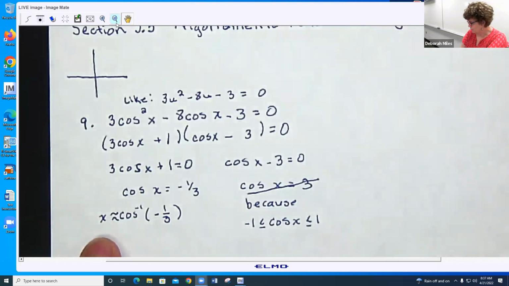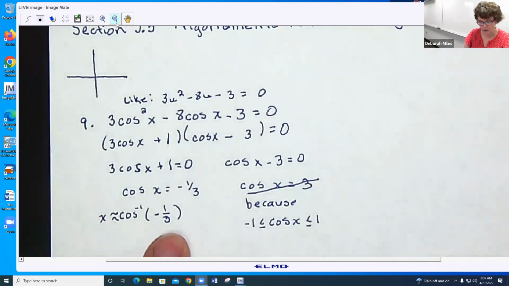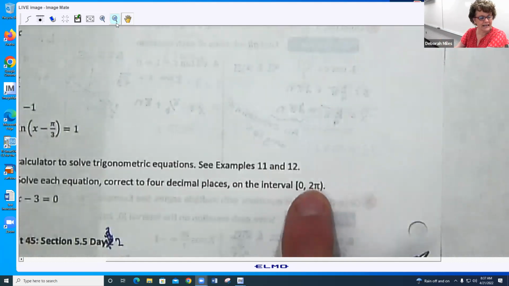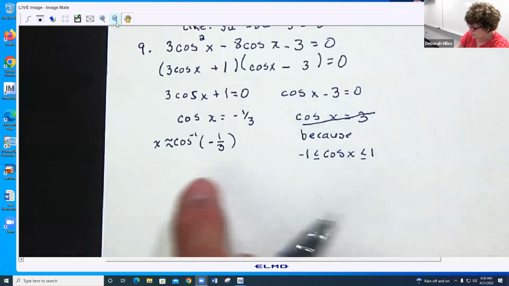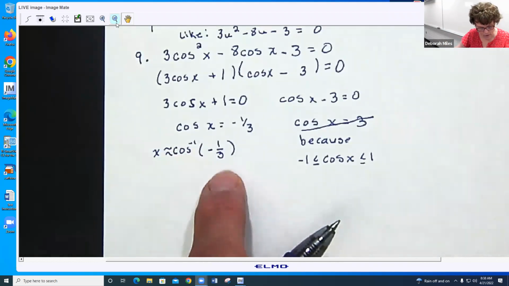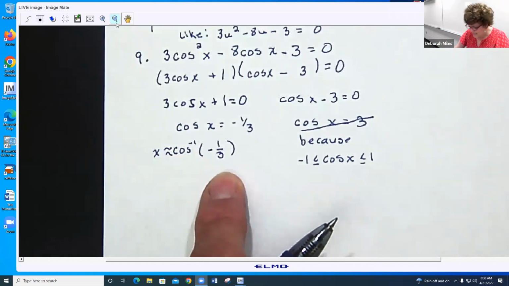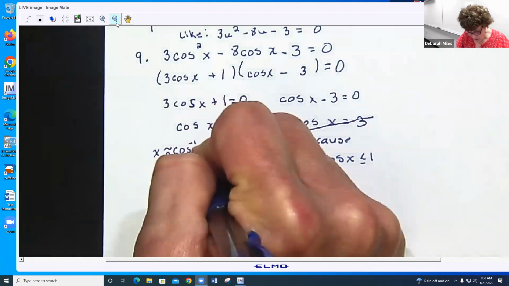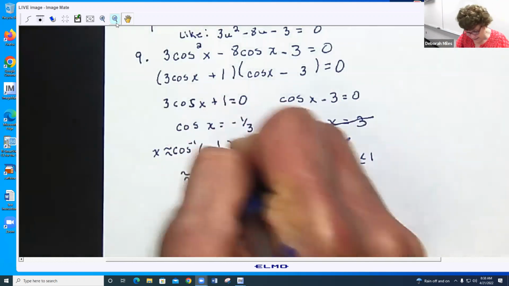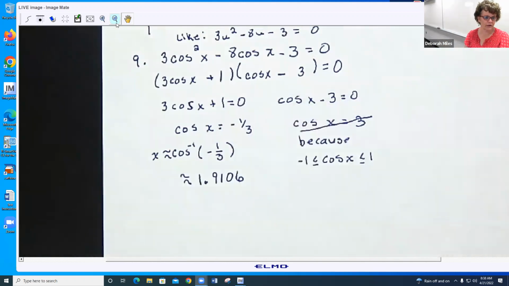And make sure your calculator is in radian mode, because the instructions are asking us for the answers in radians. So make sure your calculator's in radian mode and enter inverse cosine of -1/3. When I did that, I got 1.9106. I think the direction said round to 4 decimal places.